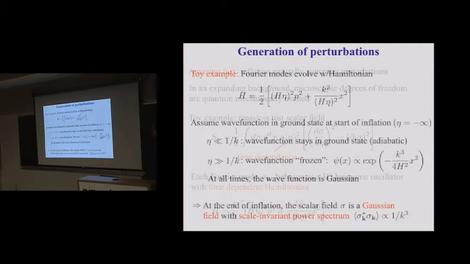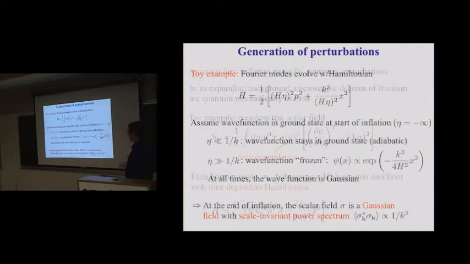The time dependence means that at early times, when eta is much less than minus 1 over k, then the time dependence here is adiabatic, meaning that the rate of change of the Hamiltonian is small compared to the natural time scale of the oscillator. That means that if we start the system in its ground state, this is the so-called Bunch-Davies vacuum with no particles, then the wave function will just stay locked in the ground state as the width of the oscillator changes.